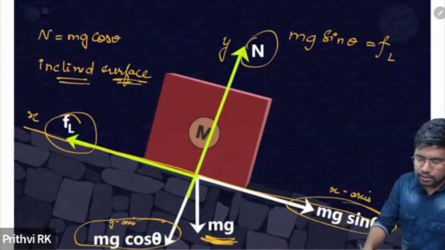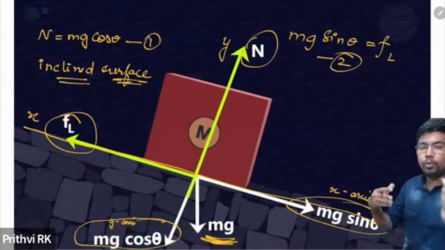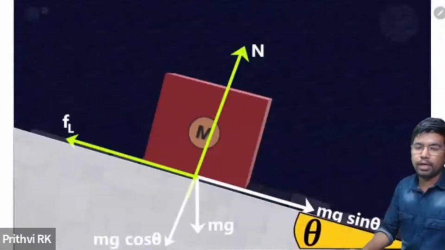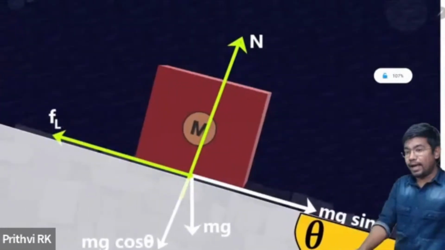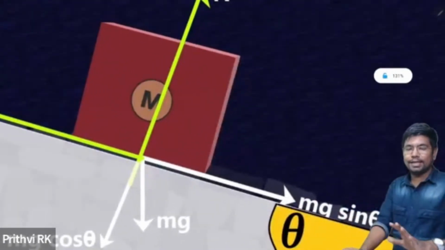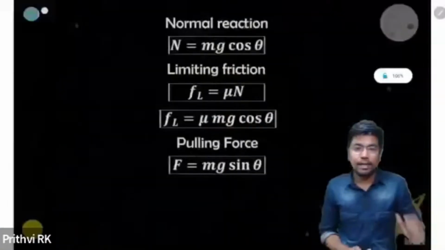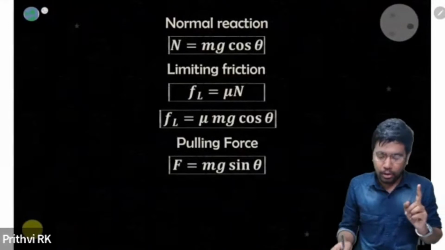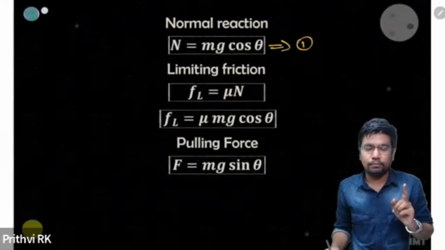What we can do is, this is 1 and this is 2. We'll write both these formulas in a separate page. And the angle of inclination here, the angle at which the surface is inclined, I'm going to take as theta. Okay, so what we know now, 1, N is equal to mg cos theta, right?